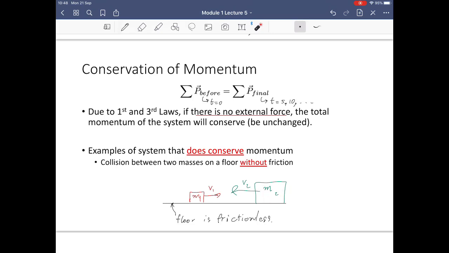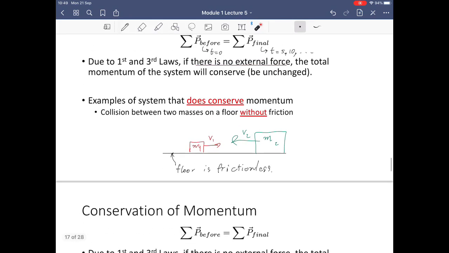Or if you look at m2, when m1 collides with m2, there would be some force from m1 acting on m2. The total force acting on m2 is not 0, so the momentum of m2 is not constant. Only when you combine the two together, the force that m2 exerts on m1 and the force that m1 exerts on m2 cancel out, and the total momentum is constant.